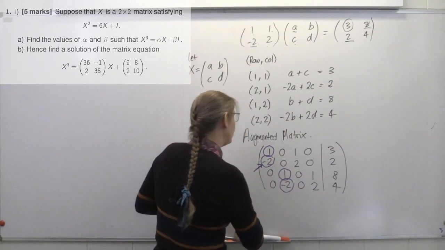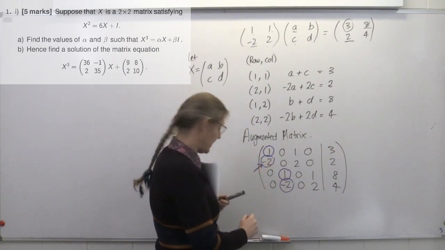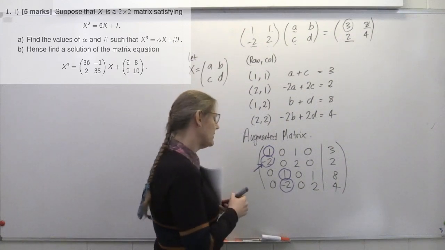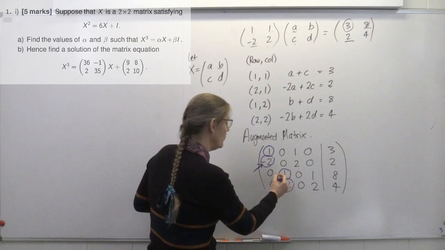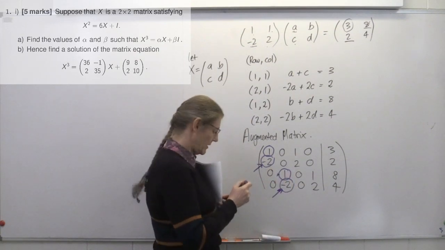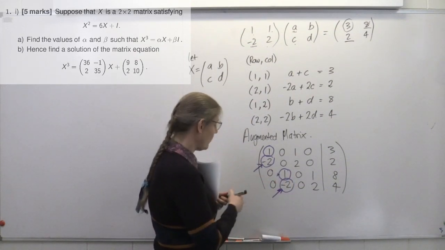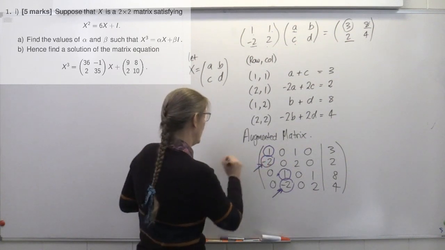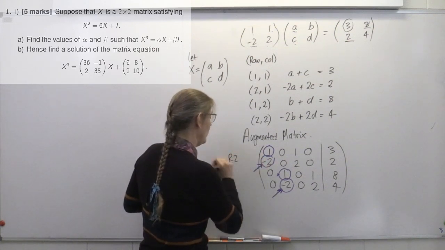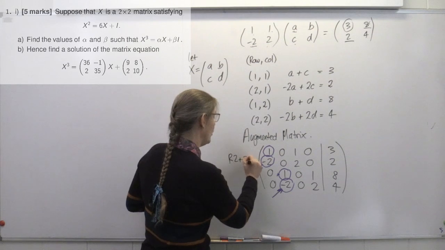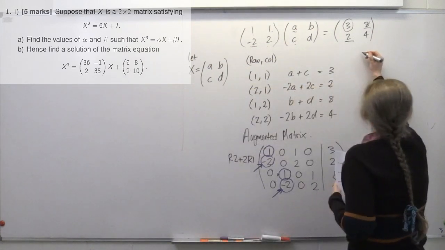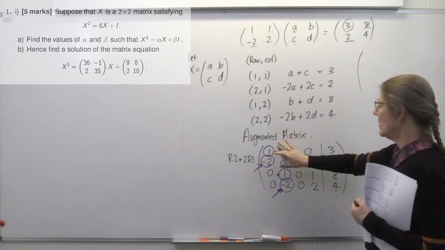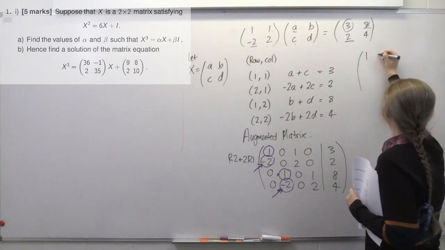Okay, so I would like to get rid of this minus 2. And to be honest, I'm going to get rid of this one as well using this row. So, firstly, what I'm going to do is take row 2 and add 2 lots of row 1. And this is going to give me, row 1 stays the same.